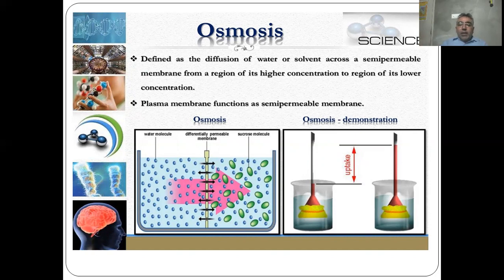In the beaker you take water, and in the funnel you take concentrated sugar solution. First of all you mark the level, and after some time you see the water from the beaker goes inside the funnel, and the level rises. This shows the phenomenon of osmosis.